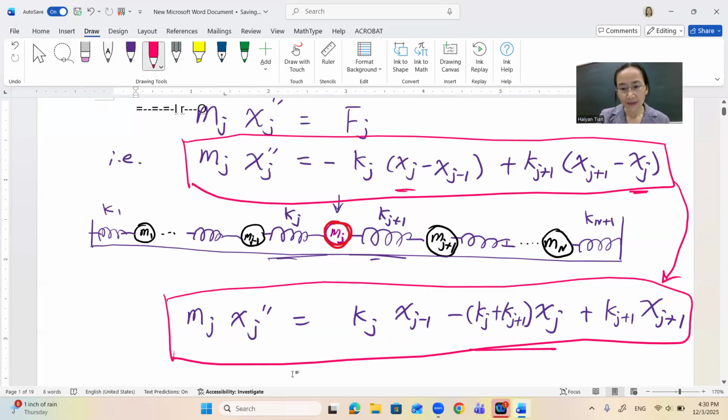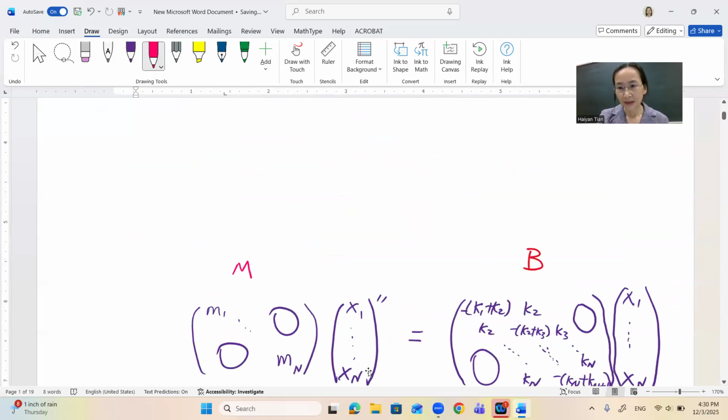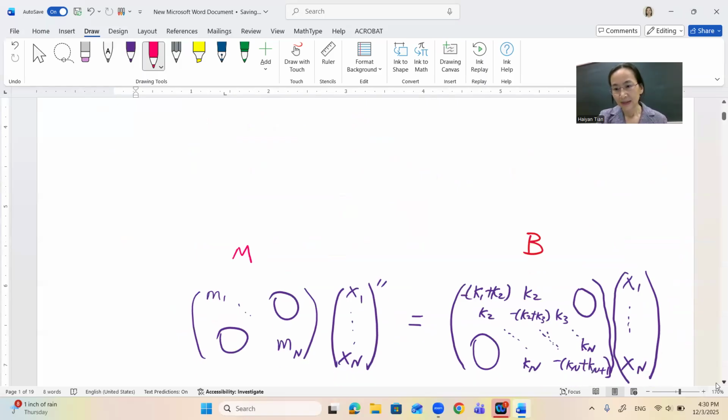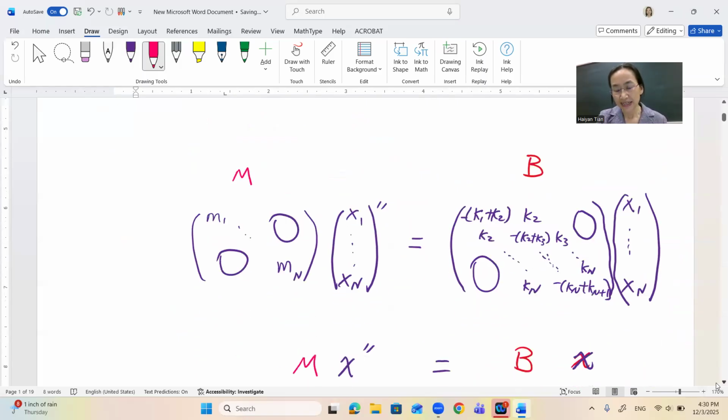Now we can write the n equations, one for each body. As you can see, the first equation is m1 times x1 second derivative equals this.